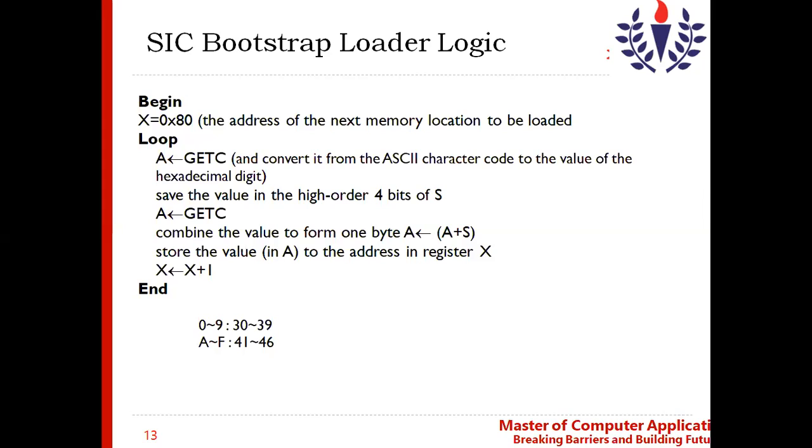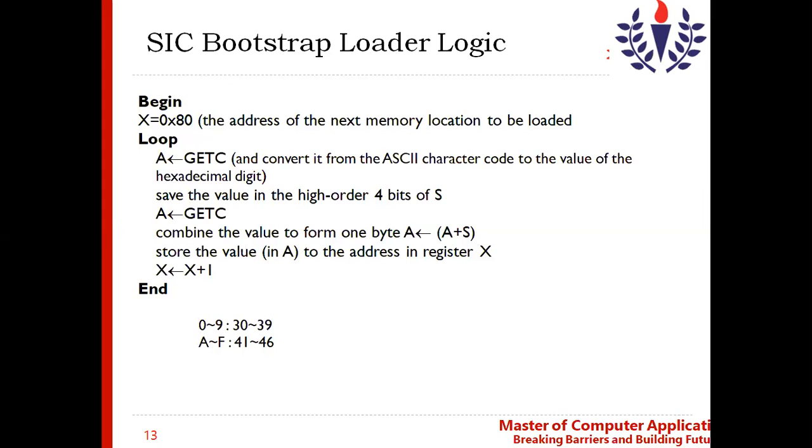When you move to the next byte, the X value has to be incremented by 1, because memory has contiguous byte addresses, as we already discussed in SIC and SIC/XE. Consecutive 3 bytes form a single word, and in each byte address we can store the object code. So X denotes the address where the operating system is going to be loaded.